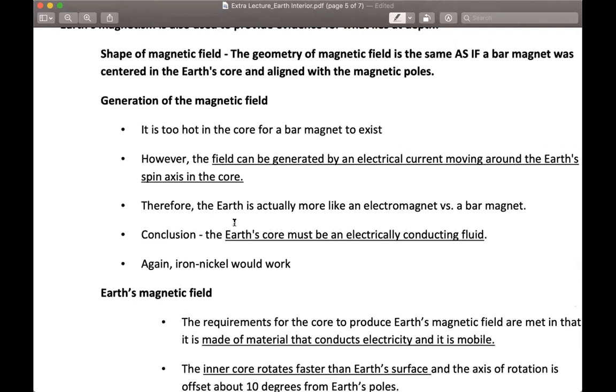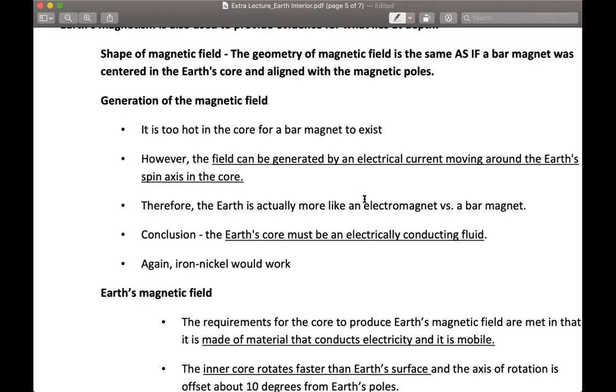You know the dynamo. A dynamo is moving electric current, and its moving magnetic property creates electricity for us to use, right? So likewise, this moving magnet, moving iron inside the Earth's core can generate electromagnetic features.